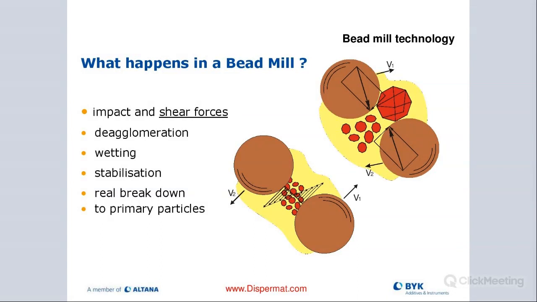So what is actually happening here in the bead mill is that as these media or beads collide and drift towards each other at very high velocities, our pigment particles actually get sheared, and that's what creates that breakup of the binding forces. So that's what's really happening inside of our bead mill.